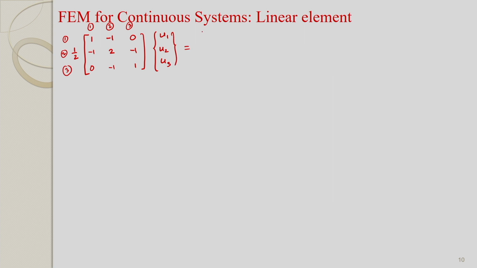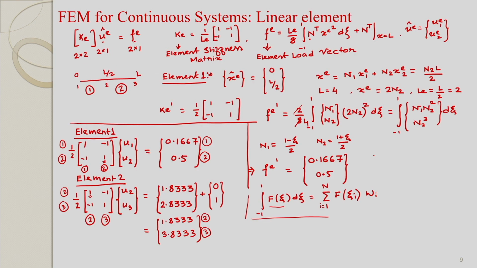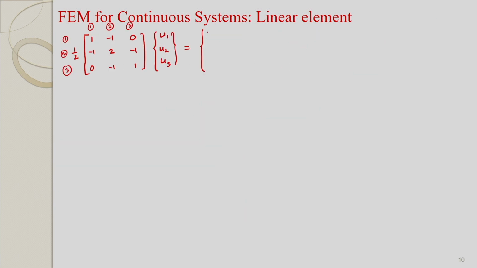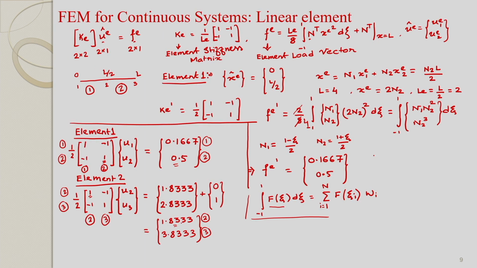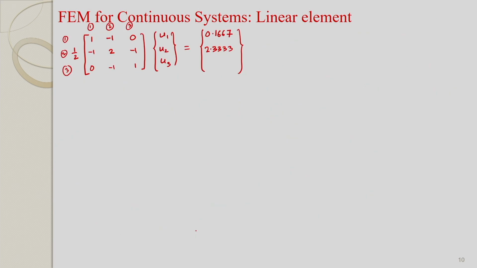Now, for the load vector, you can see again only this 0.5 and these two will be added because these correspond to the second row. So, I am adding these two entries, 0.5 and 1.8333, which gives 2.3333, and the last one is 3 point.